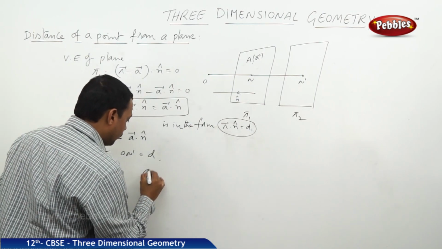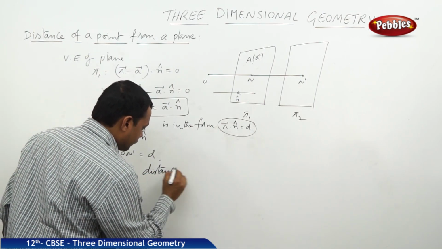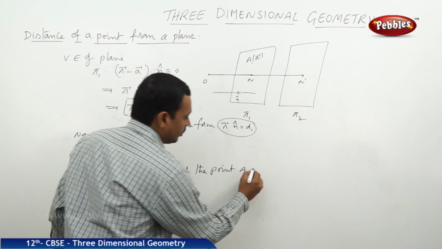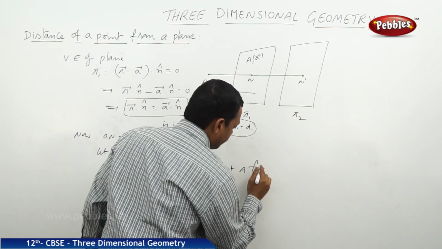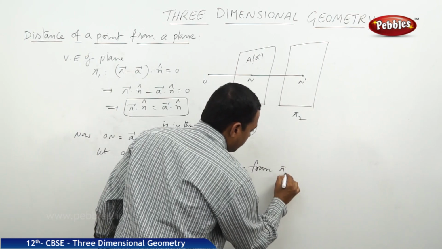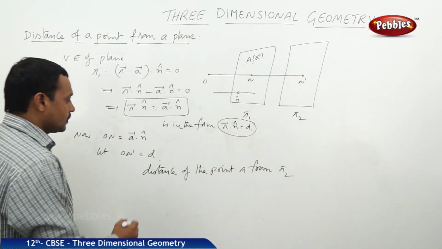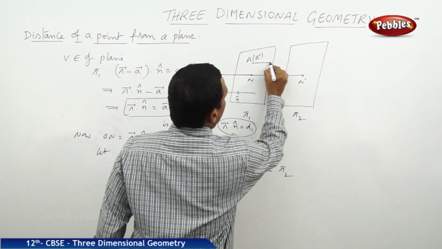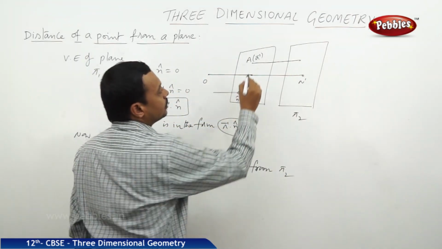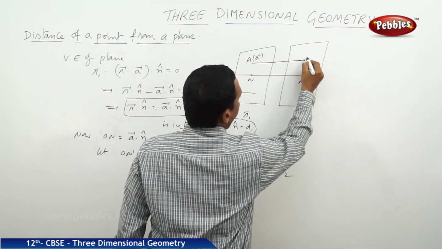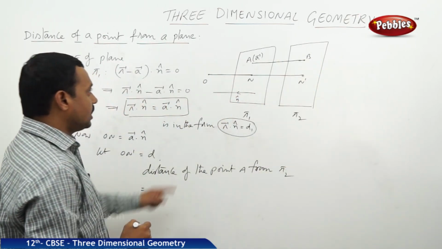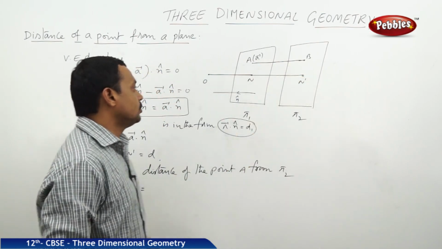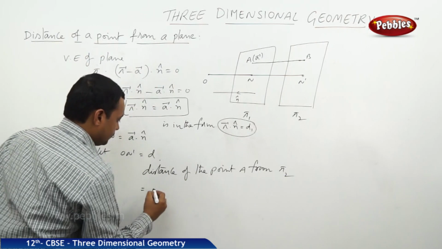Now, the distance of the point A from plane pi 2 is equal to the distance from A to some point on the plane, let it be some B. Now, that distance from A to the second plane is AB, which is equal to NN dash.